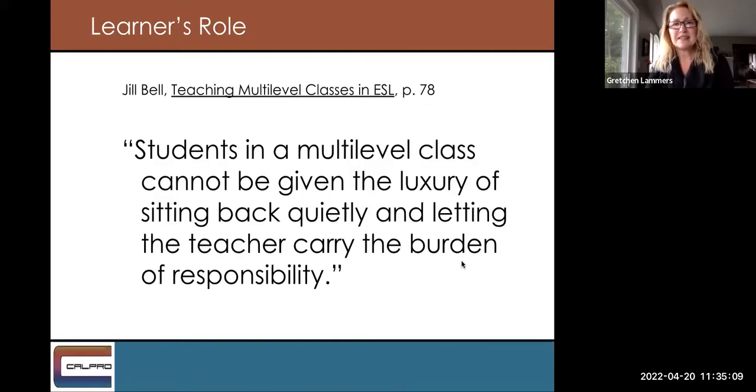The other piece of this important building community puzzle is the learner's role. And Jill Bell here says that students in a multi-level class cannot be given the luxury of sitting back quietly and letting the teacher carry the burden of the responsibility.